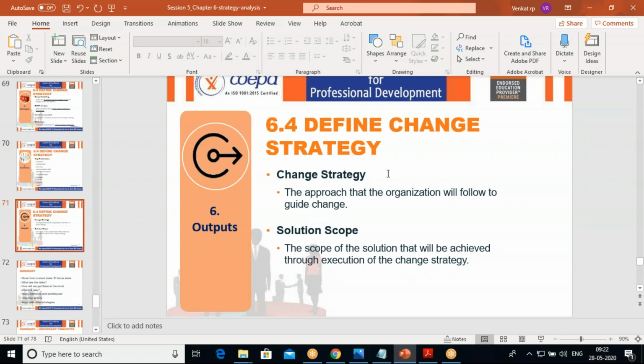Strategy analysis is governed in multiple ways. We have to understand the current state, define the future state, assess the risks involved in making this particular change, and define the change strategy. Fine, got it. So these are the tasks in the change strategy.